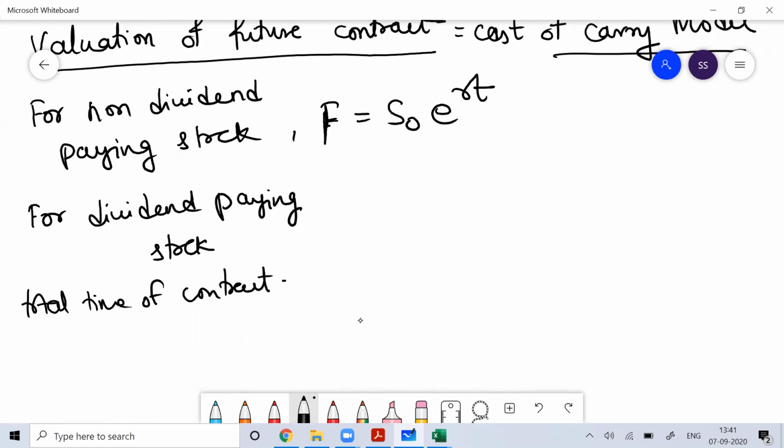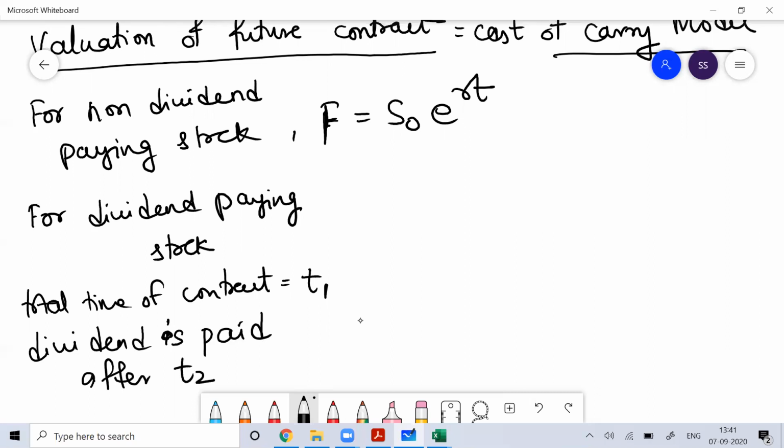Suppose the dividend is paid, say, 3 month contract and dividend paid after 45 days. Suppose the dividend is paid after T2 days.